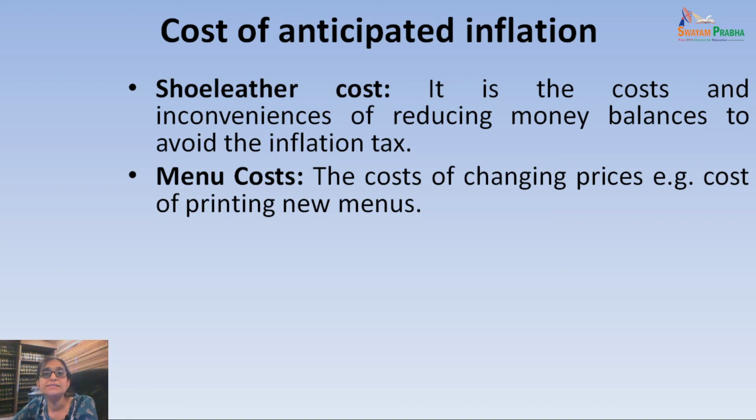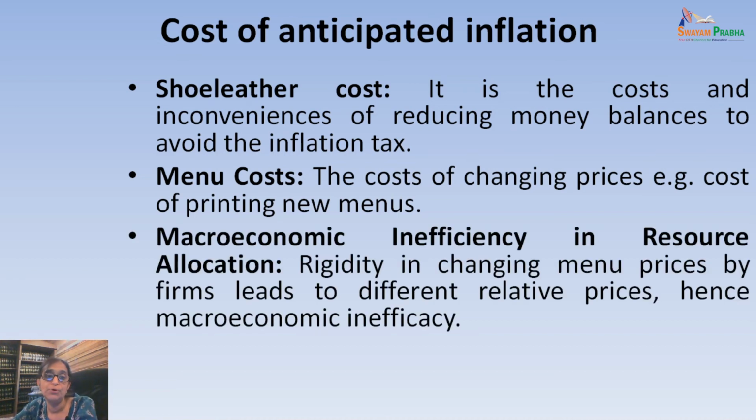Now, if anticipated inflation is there, it would mean that they have to keep changing the prices in their menus very frequently if they anticipate the inflation rate to change very frequently. So printing of new menus entails a cost that is called the menu cost. Then another important one is macroeconomic inefficiency in resource allocation.